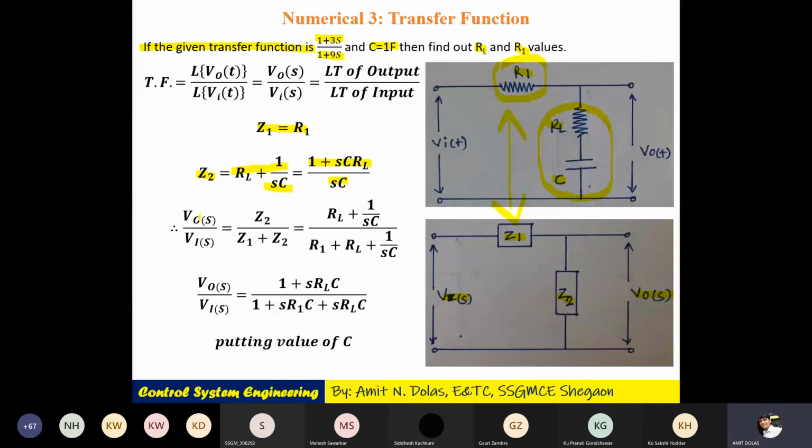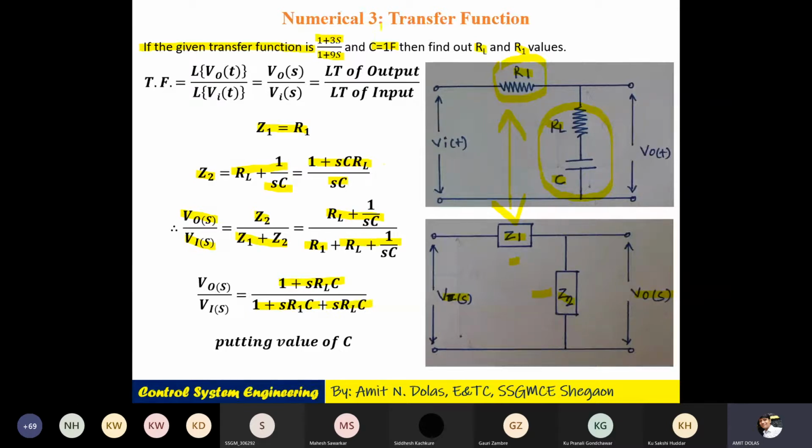Then what is the output? The output is Z2 upon Z1 plus Z2. Putting all the values of Z1 and Z2 here, the final equation we get is 1 plus SRLC divided by 1 plus SR1C plus SRLC.